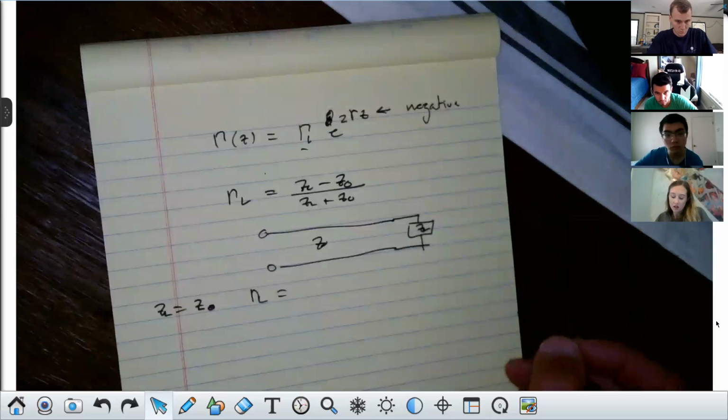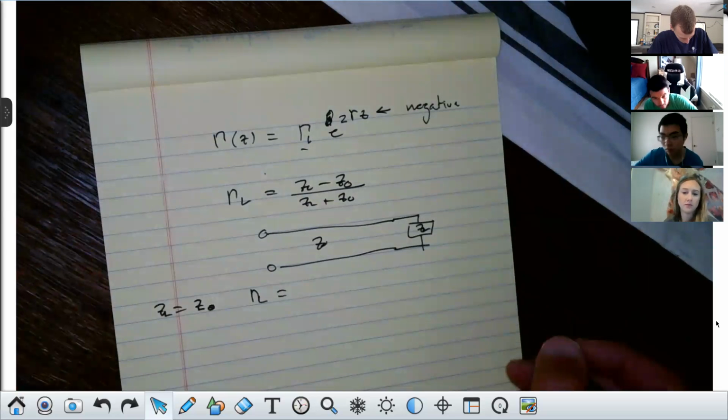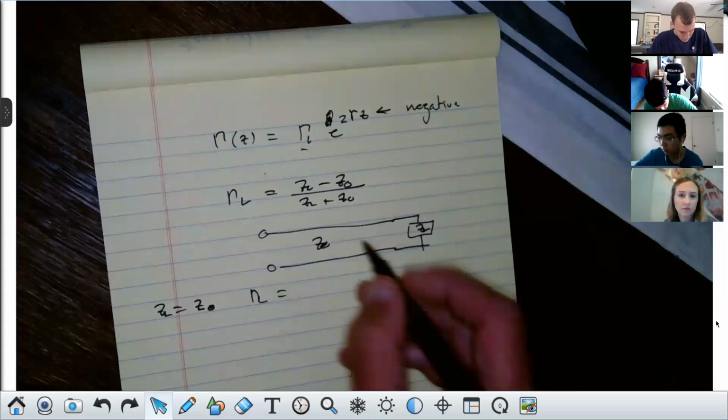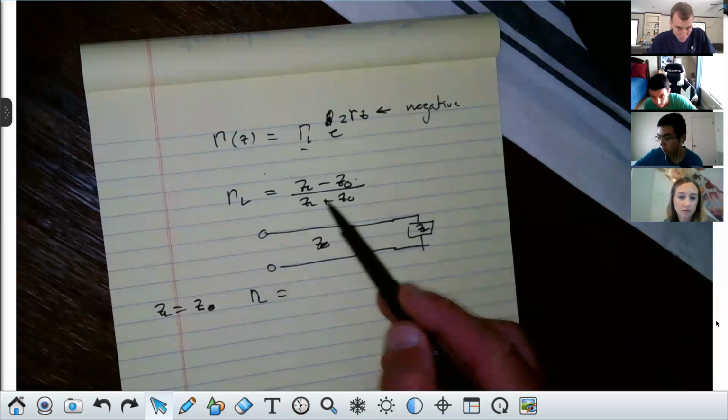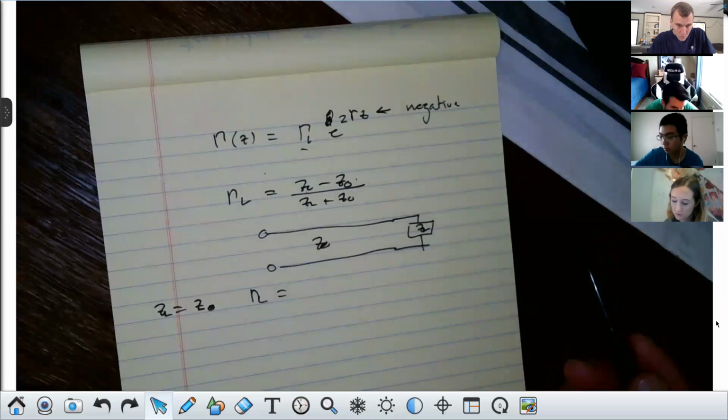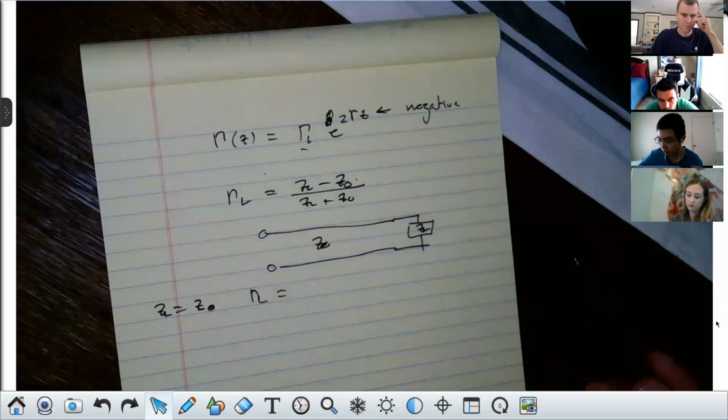Just take a look at the equation. What happens if the load impedance is equal to the characteristic impedance? What's the value of the reflection coefficient, class? You can turn on your mics, you might as well.